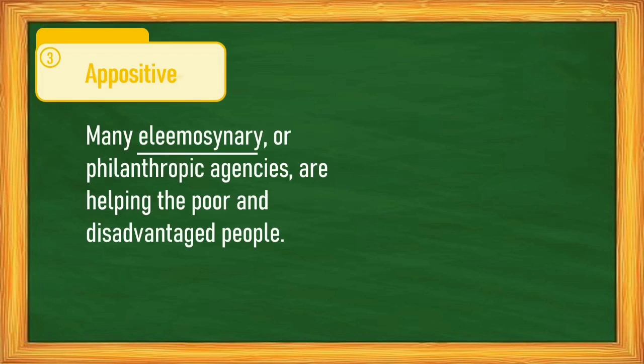The next clue that we have is what we call appositive. An appositive is a descriptive word or phrase placed beside the unknown word and is often enclosed or set off by commas. It is also called double comma clues. In our example, many eleemosynary or philanthropic agencies are helping the poor and disadvantaged people.